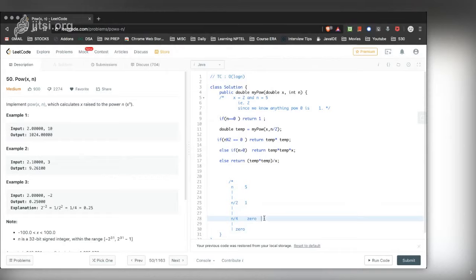So here we will return 1, and again we will return 1 into result here. Again we will be calculating 1 into result here. So for 5 we are calculating it in 3 steps, that is log n. Each time we are dividing it by half.